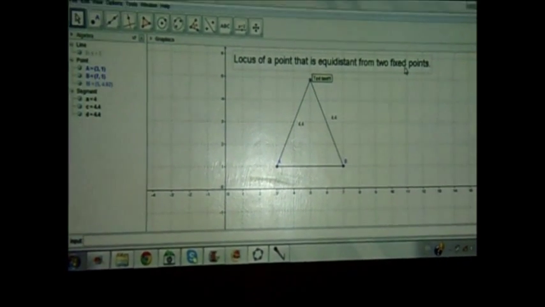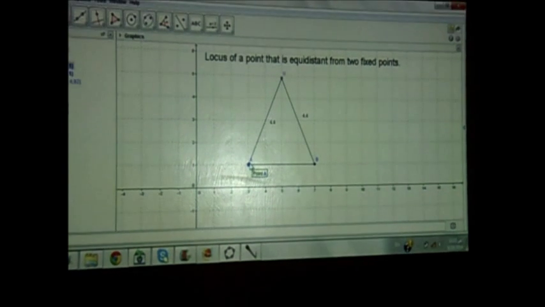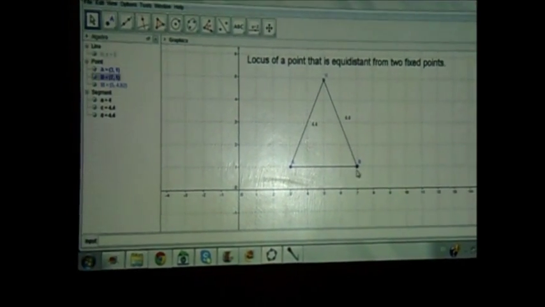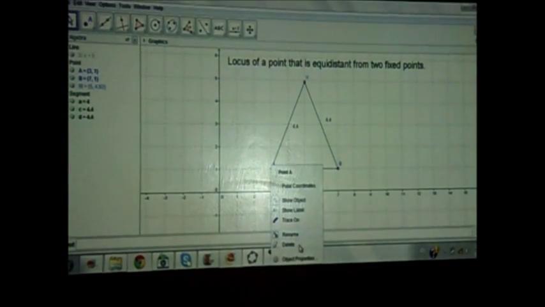In the second case, we will discuss the locus of a point that's equidistant from two fixed points. In this figure, we have 2 points A and B, which are fixed.